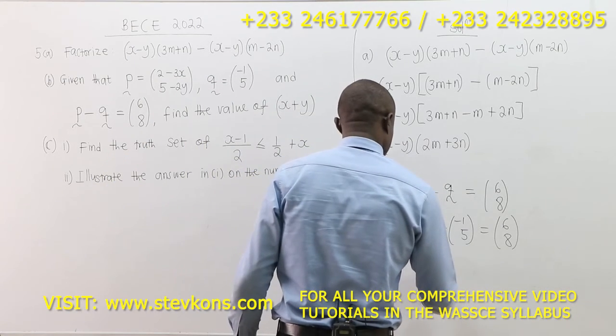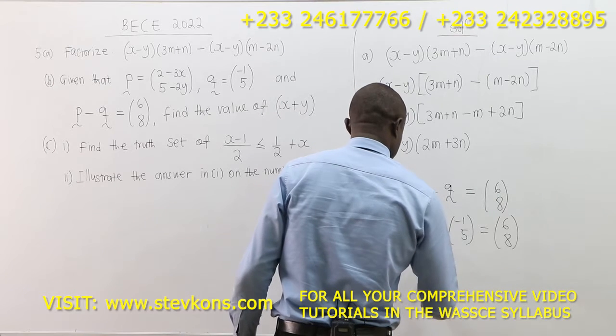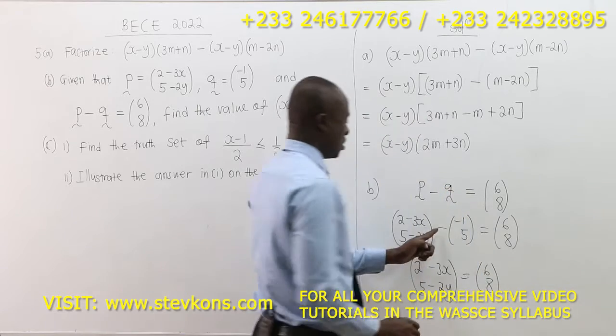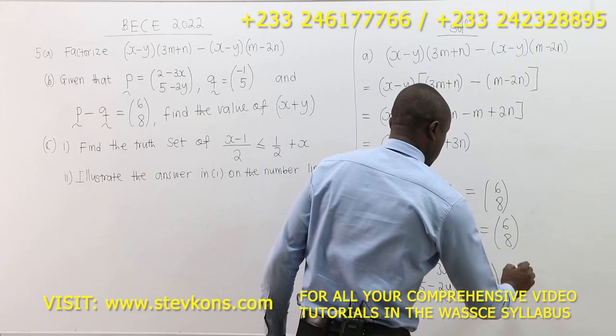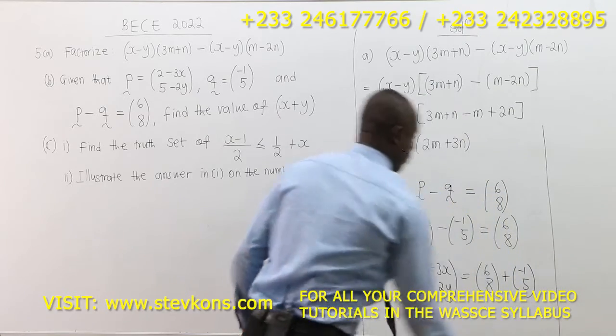So you have (2 minus 3x, 5 minus 2y) equal to (6, 8). Now, negative crossing, that is positive, negative 1, 5.